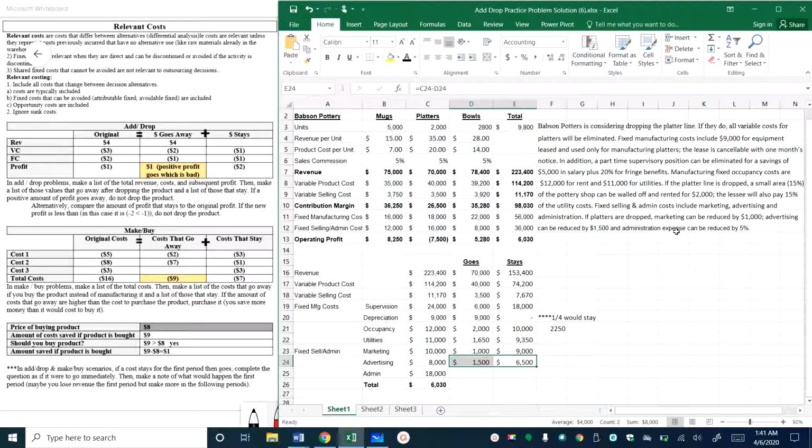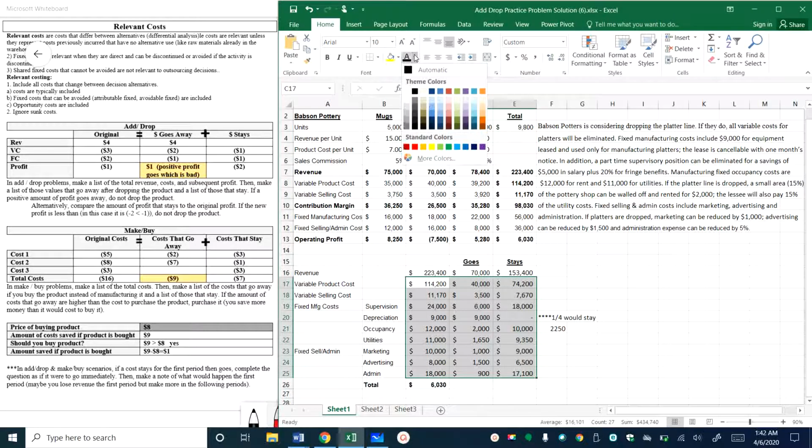And administrative expenses can be reduced by 5%, which is 5% of that administration of 16,000, equaling 900. So we'll keep $17,100. And I know I said to keep costs in the negative, so I'm going to make these all red to represent that they're costs, just so it's really clear.